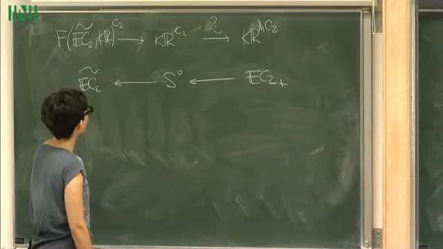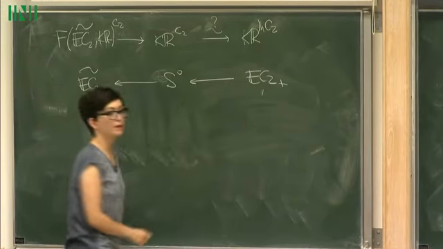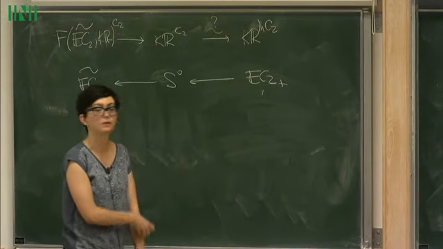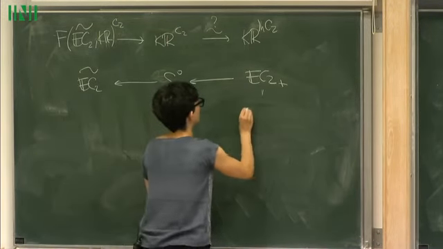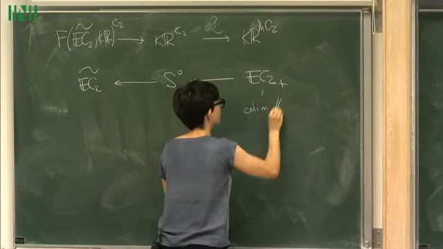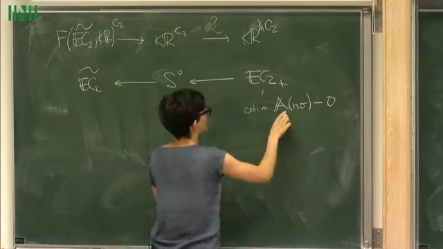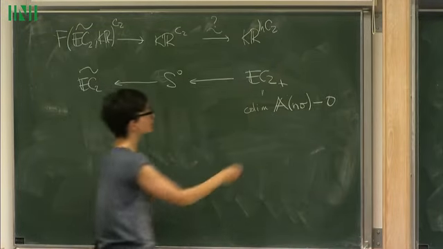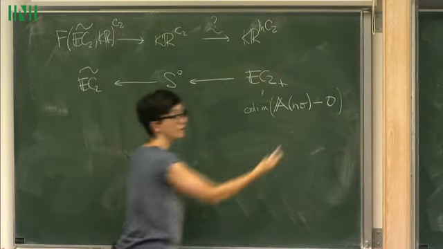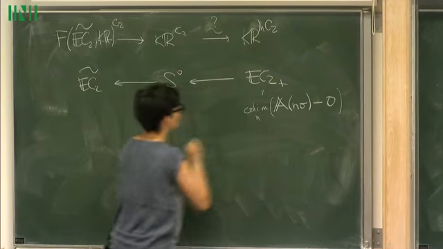Okay? And there's a geometric model for this universal space EC2. It's the colimit of the affine space in n sigma, then minus 0, where 0 is the fixed point set. Okay?